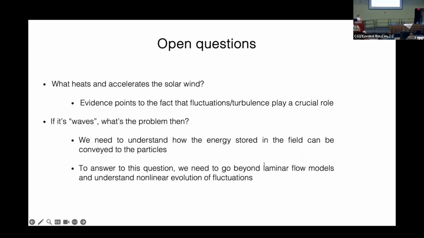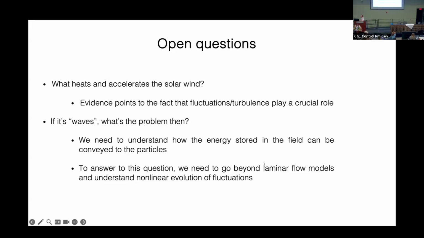All right, so this is a recap. What is one of the big problems? Understanding what heats and accelerates the solar wind. Evidence suggests that fluctuations and turbulence might play a role in accelerating and heating the solar wind. Well, if we have identified a possible solution, what is the problem?